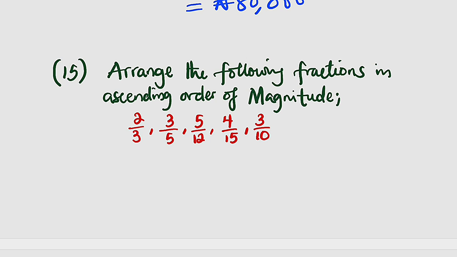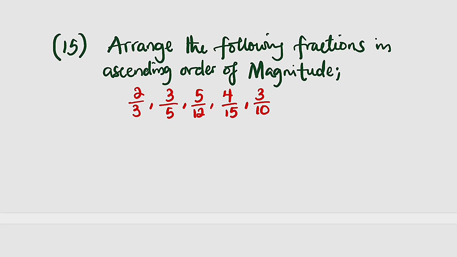Instead, we are going to change all of them to decimal numbers. So let's start with the first one. 2 divided by 3 is equal to 0.666 and so on. We have 3 divided by 5, which is 0.6.